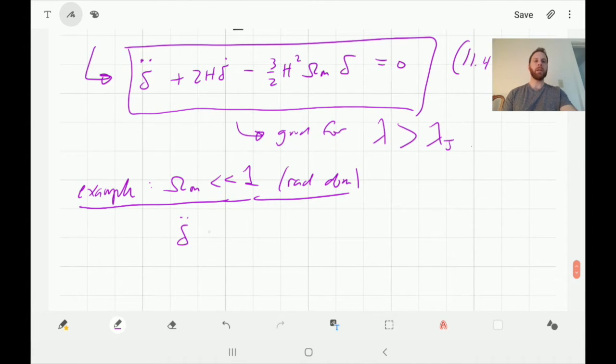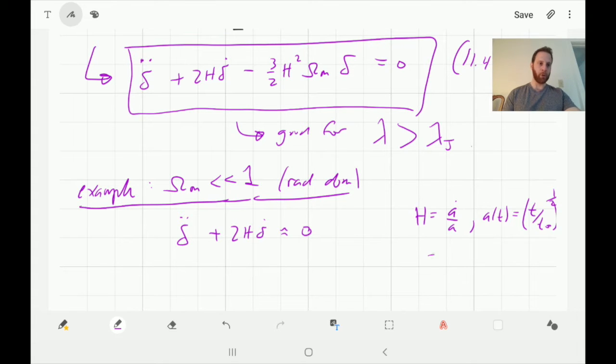We get delta double dot plus 2H delta dot, and that's approximately equal to 0. We want to solve for delta, so we need to know what H is. Well, H is a dot over a, and in the radiation-dominated phase, a of t is approximately (t over t naught) to the 1/2 power.